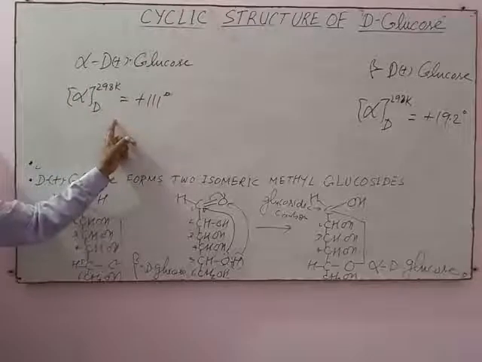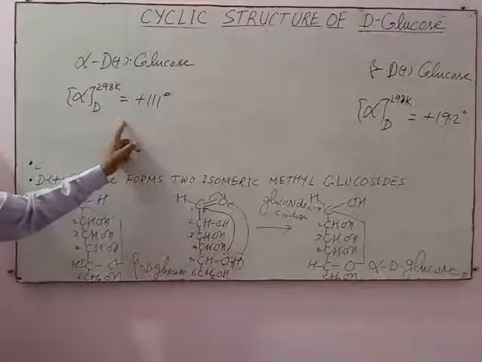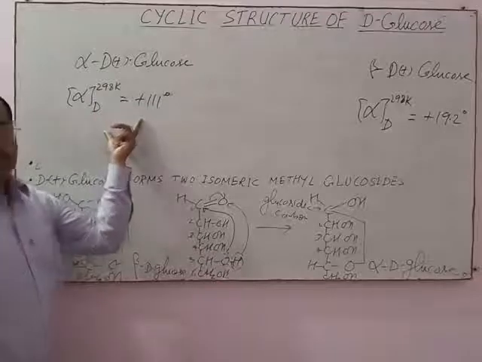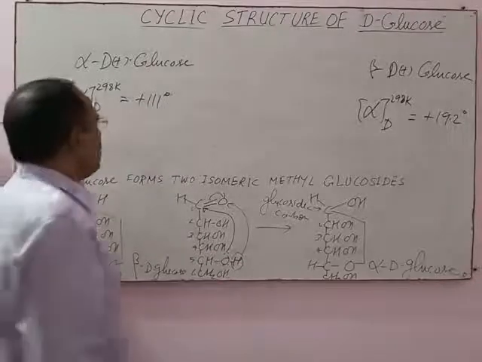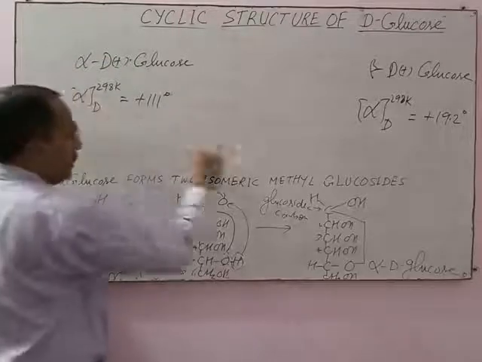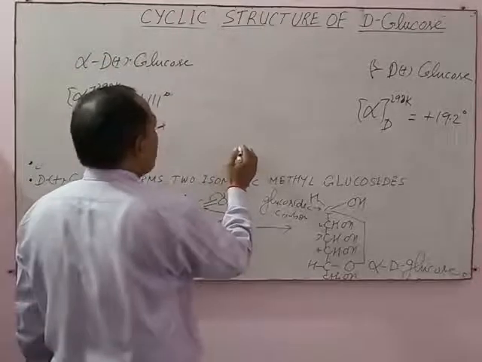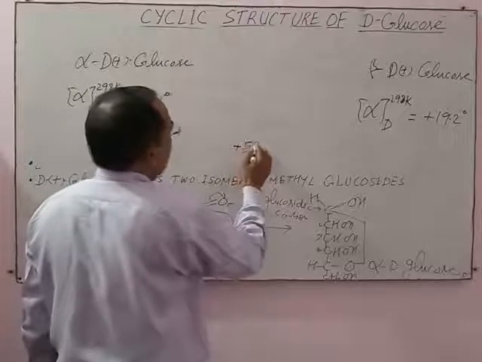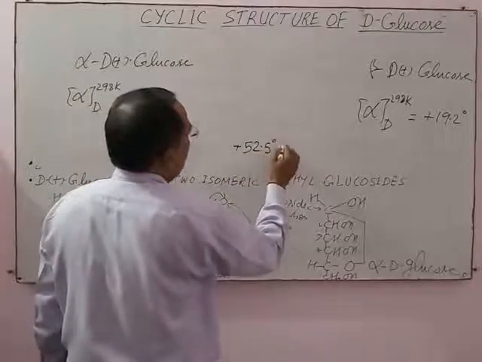When this solution stands for some time, means keeping on this solution for some time, the specific rotation of alpha D glucose decreases and attains the equilibrium value of 52.5 degree.